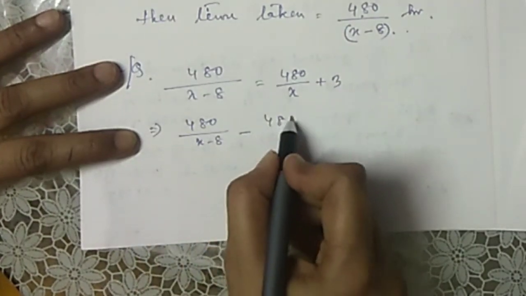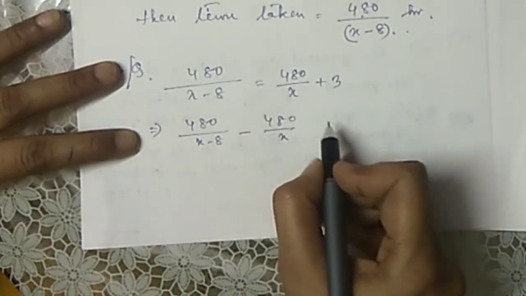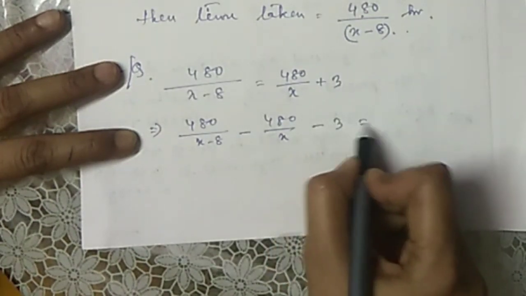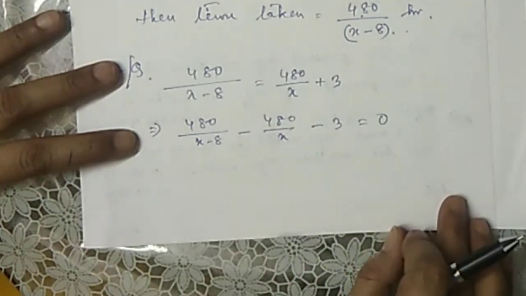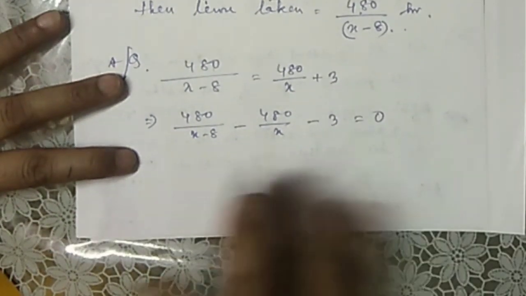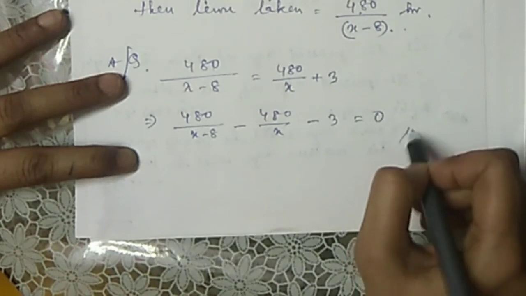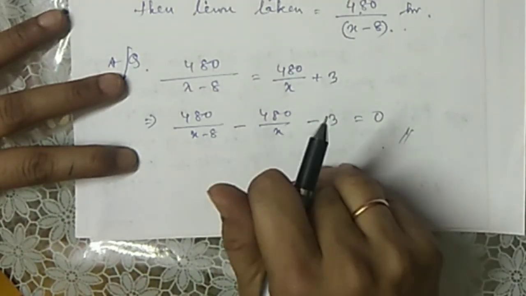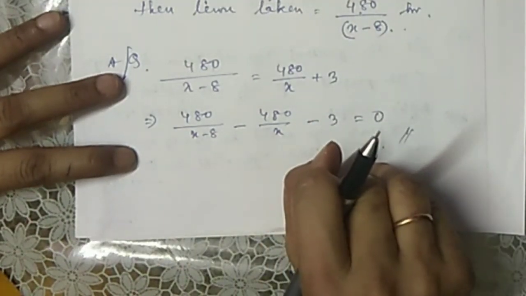This 480 by x you can shift here, and this 3 also you can shift here, and thus if required we can solve, but it will take much time. It's not required. This is the required quadratic equation.